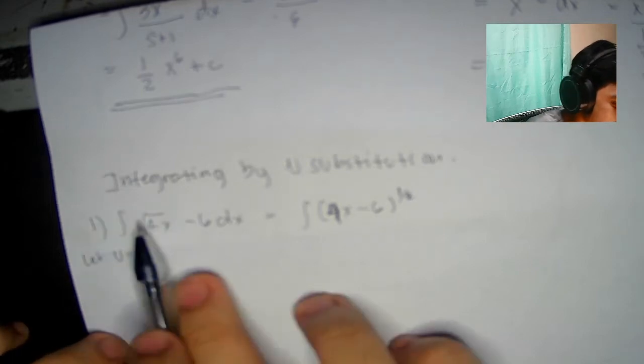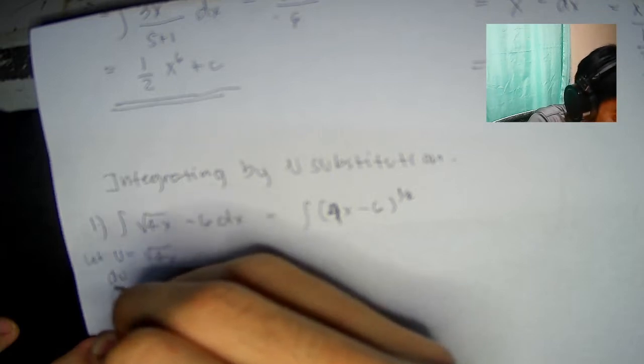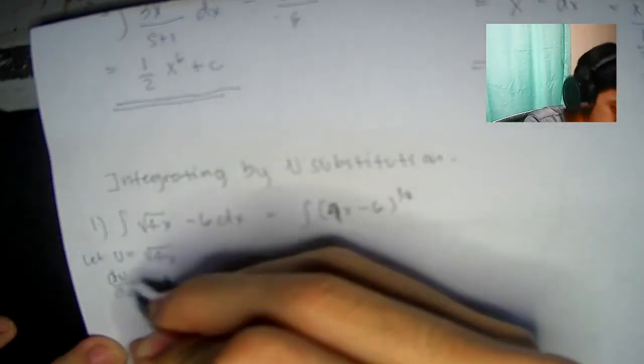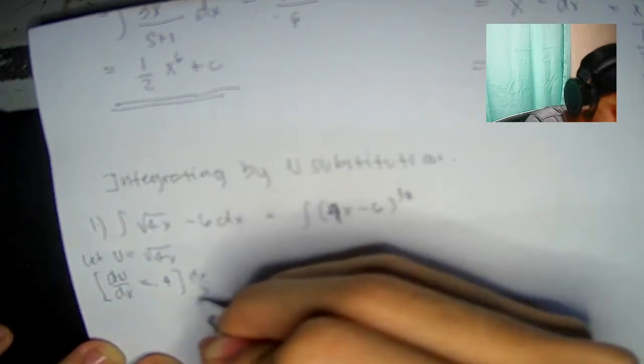So for me, I'll substitute 4x, and you'll have the derivative of U, du/dx, equals 4, but I'm gonna multiply it by the square root of 4x, so dx over 3, like that.